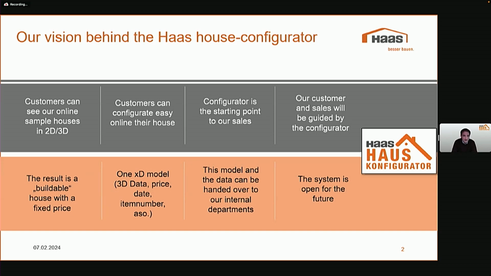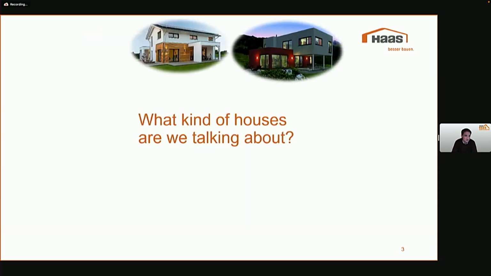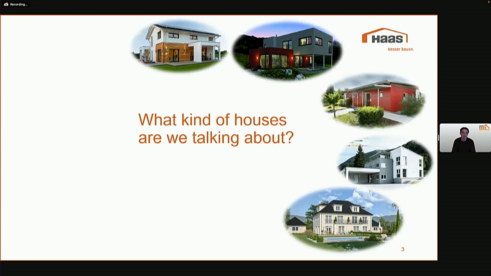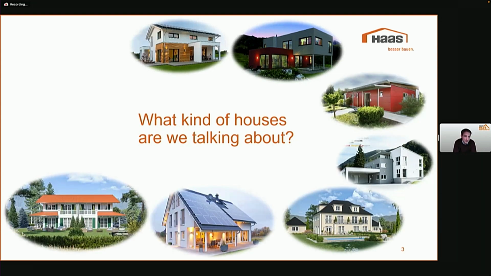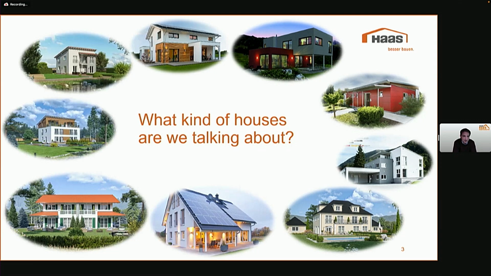Just so that you get an idea what kind of houses we are talking about, I will show you some pictures, some sample houses. We produce 1-family houses and 2-family houses with different roof types, different shapes, different wall claddings, and for sure different windows, etc. We also produce bungalows and houses with up to 3 floors.